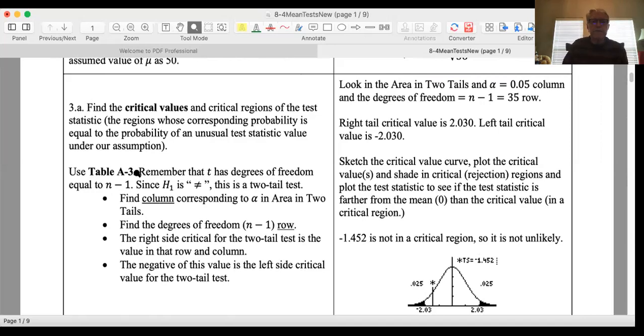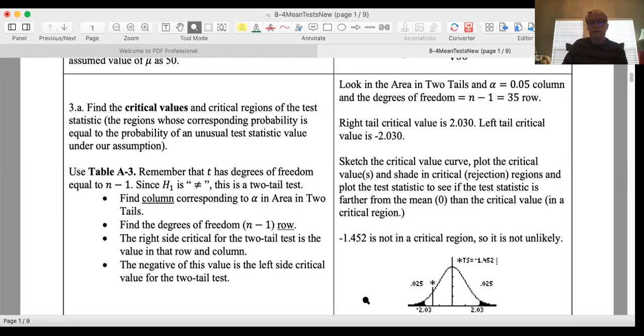And table A3 gives us critical values for t. Actually 3 things that we need going to the table: we need to know that it is 2 tails, we need to know what alpha is, and we need to know what the degrees of freedom is, because the t test statistic is identified by its degrees of freedom, which is the sample size minus 1, which is 35 in this particular case.